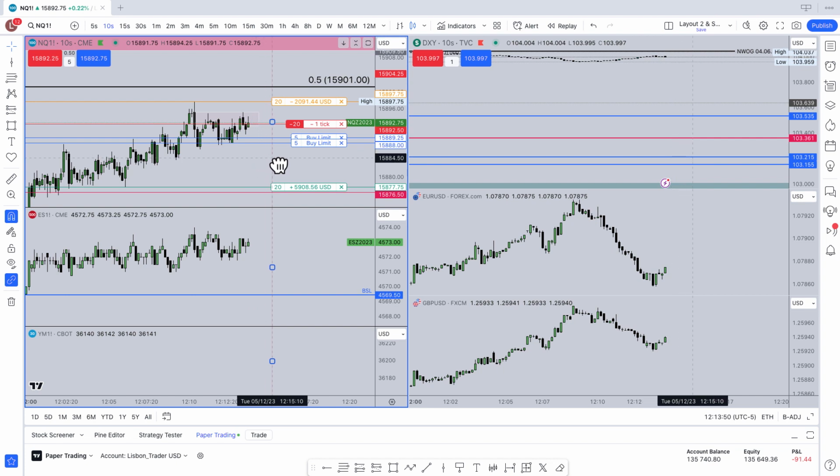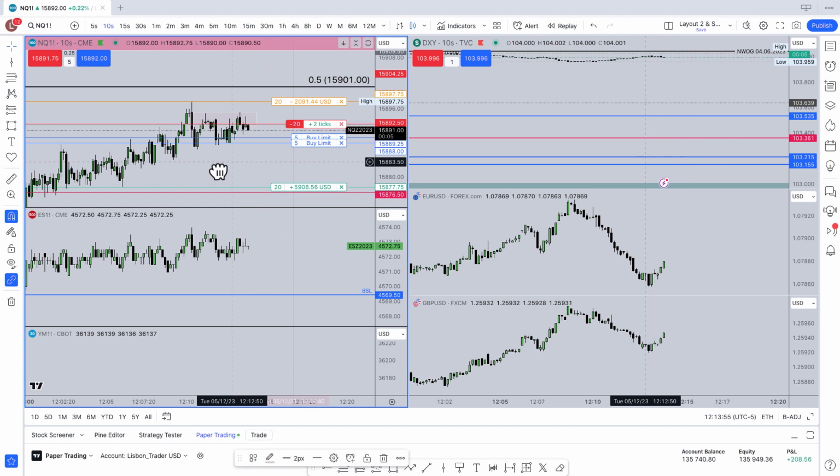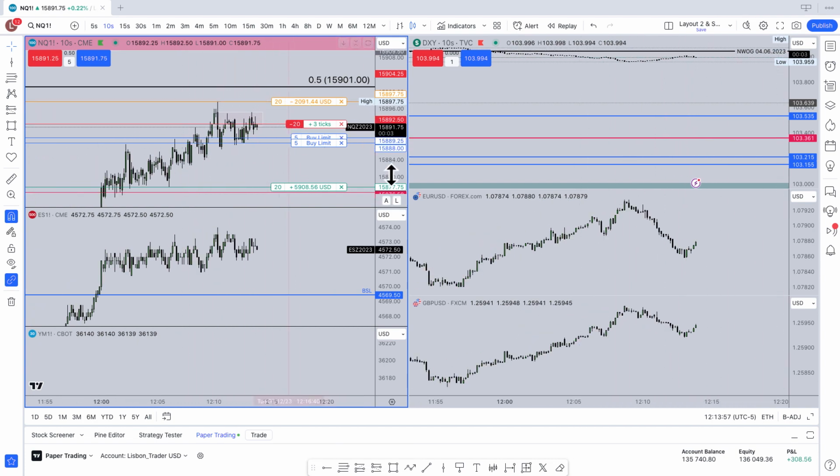I think we'll turn at 12.18 now. Just stalling time, pushing it on higher.